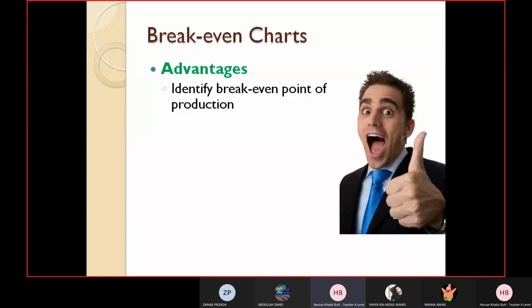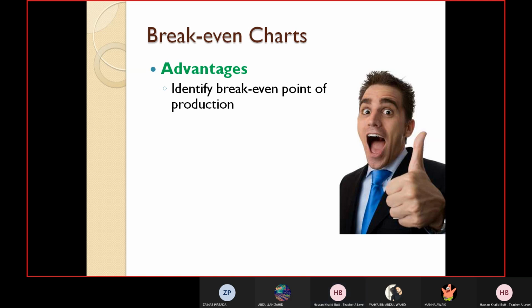So you can develop your point, as I told you earlier, that the break-even chart helps identify the break-even point of production, and why finding the break-even level of output is important, because businesses can choose between options, which option to choose, which option not to. For example, if an option has an earlier break-even, businesses would like to choose that option compared to the option where break-even is achieved late.